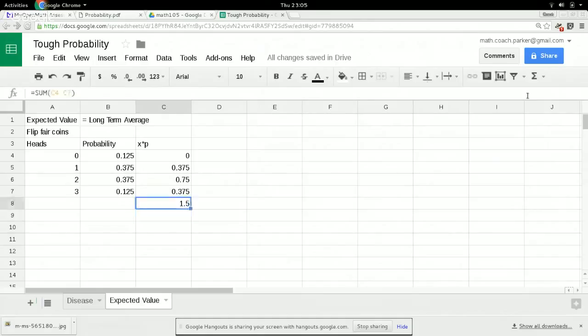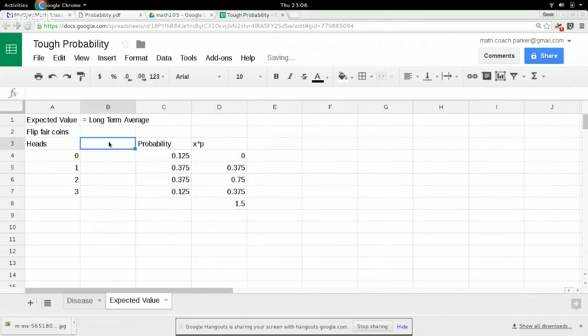Well, that kind of makes sense looking at the table, right? Because I'm just as likely to get 1 head as 2 heads. What's right in the middle of 1 and 2? Why, 1.5 is. Reasonable? Another way to think about this is, let's move these over a little bit, if I just think about the frequency, not the relative frequency.